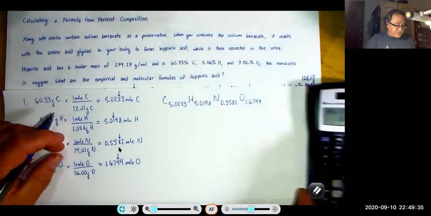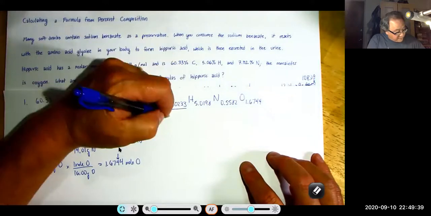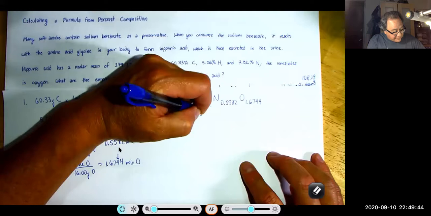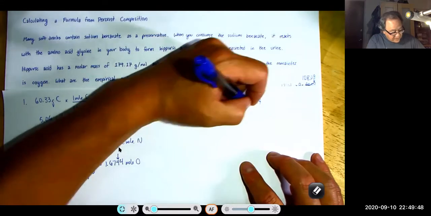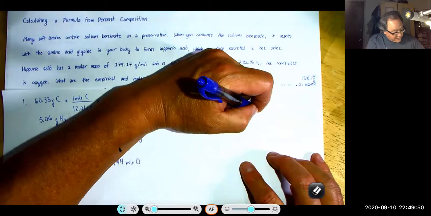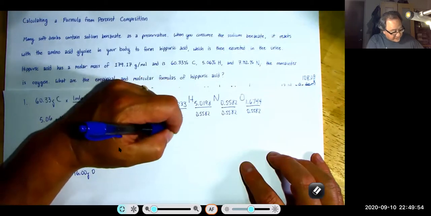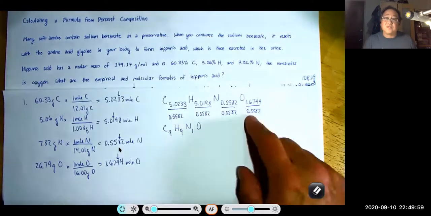And the answer is by the smallest of these. 0.5582, 0.5582, 0.5582, and 0.5582. Now we can cut to the chase here, and we know this is C9, H9, N1, and O. Let's find out what this one is.